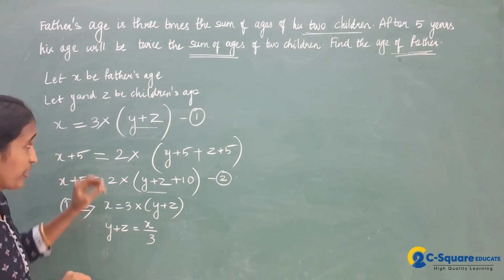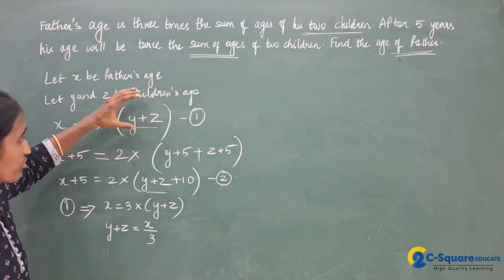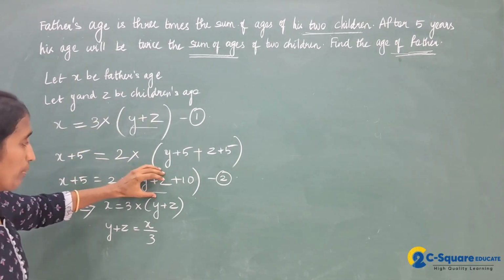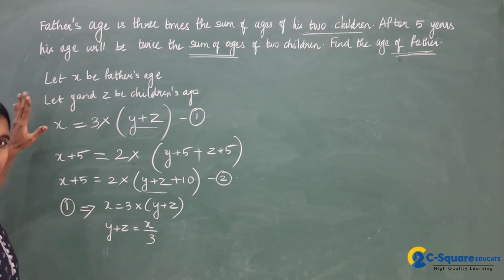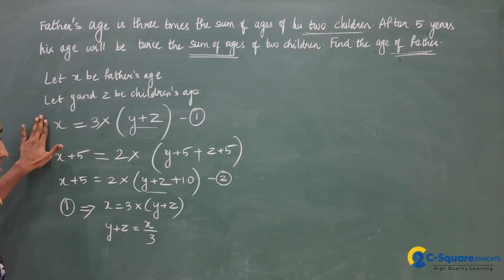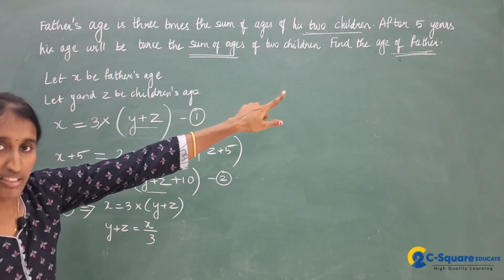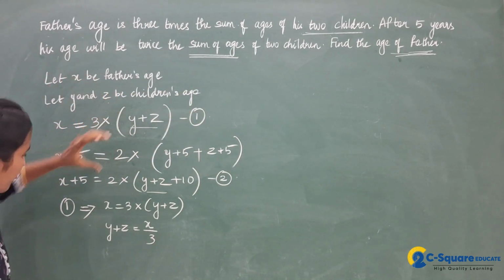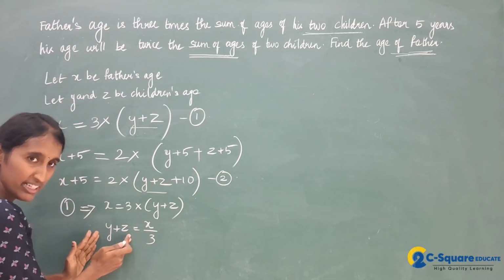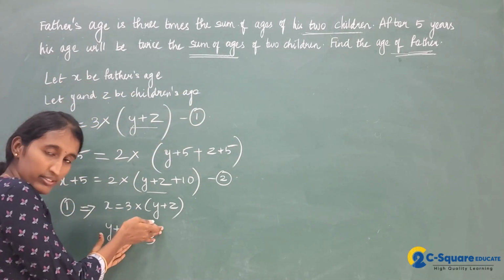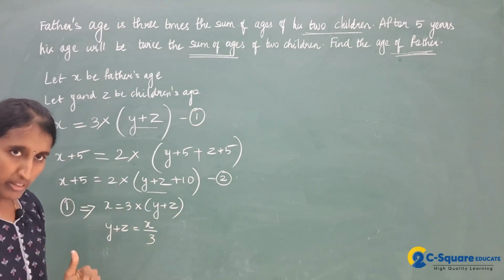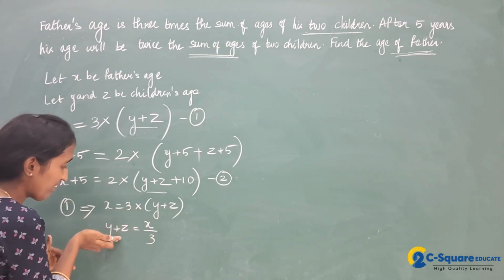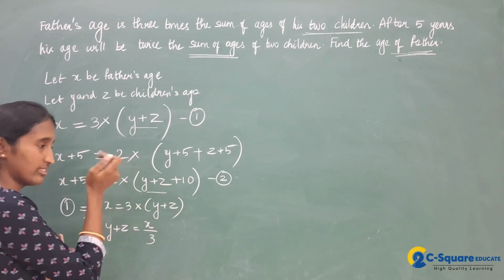I'm going to consider this as a single variable because we have Y plus Z here and Y plus Z here, and we need only X, the age of father. So I have found Y plus Z in terms of X. Now what will be the next step? We need to take the other equation and substitute the value of Y plus Z in it.